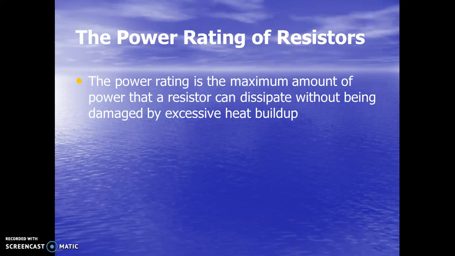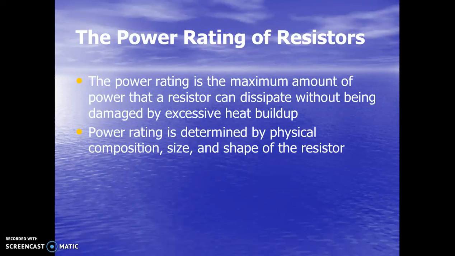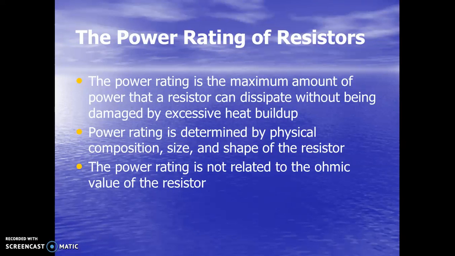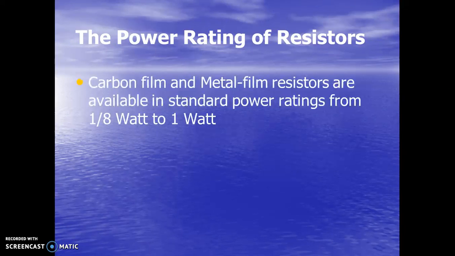Okay, power ratings. We don't really need to talk about this too much. The power rating is determined by the physical composition, size, and shape of the resistor. It has nothing to do with the resistance of the resistor, only to do with the amount of power it can dissipate. And one thing you can note is the packages we have for our resistors, they do give us a wattage value for our resistors.